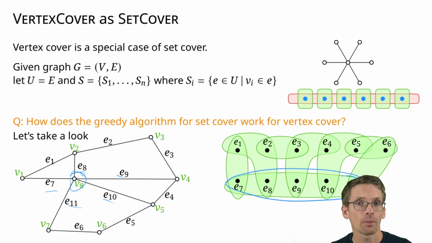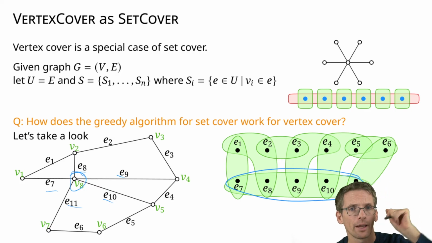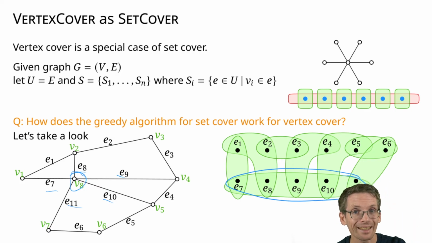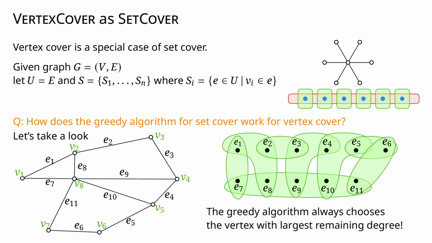And the per element cost, so we're doing min cardinality vertex cover here, so every set costs 1, but the per element cost is then 1 divided by the number of remaining elements. That is the remaining degree of the vertex. So I always take the vertex with the largest degree, where I assume that edges that I've already covered, I delete. So here, for instance, I would first select this one because it has the highest degree, and then continue.